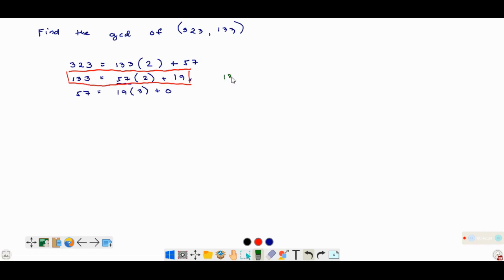If you multiply 133 times 1 and add 57 times negative 2, you will end up with 19. Dito naman tayo sa kabila. If you multiply 323 times 1 and add 133 times negative 2, you will end up with 57.